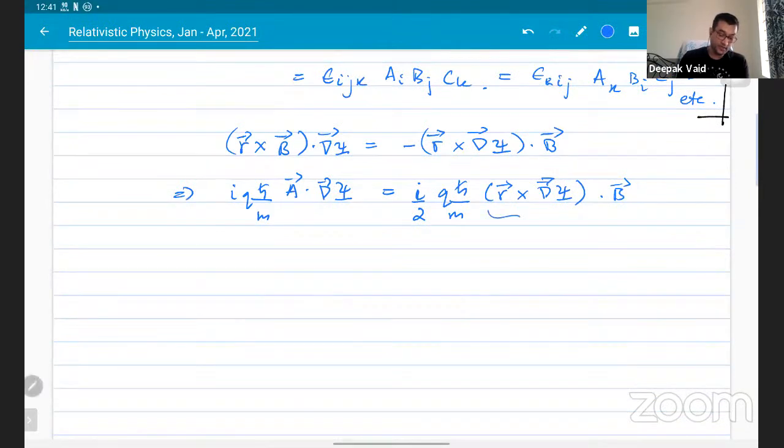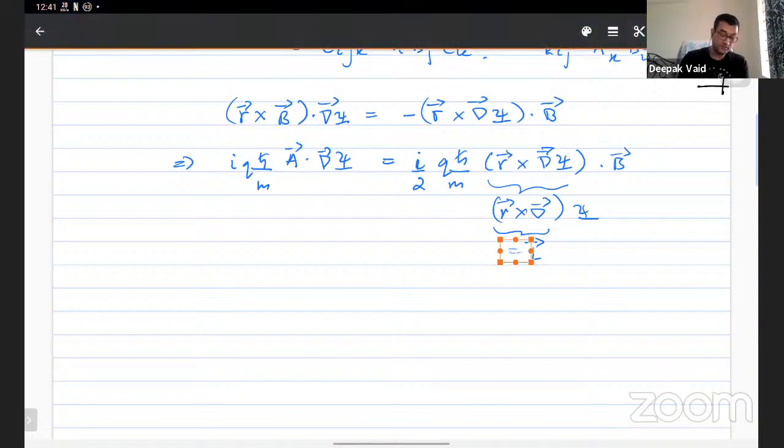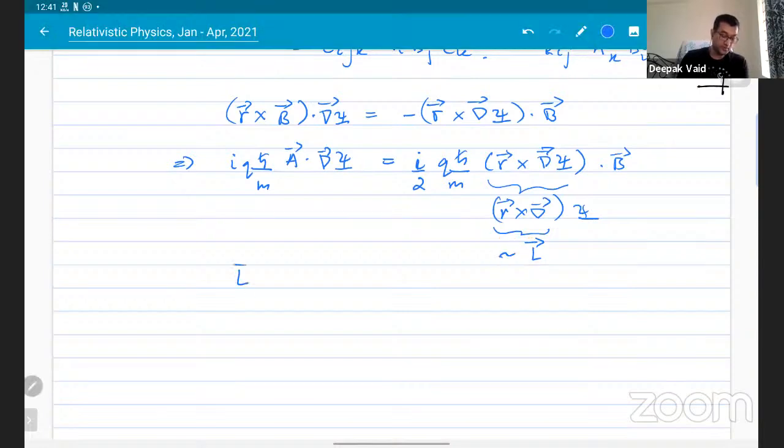Now, what is this quantity, R cross the gradient? This whole thing is acting on psi. And this is what we refer to as our angular momentum operator, with suitable factors of h bar and i. So what is L?